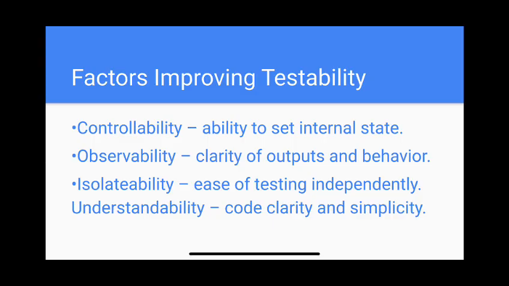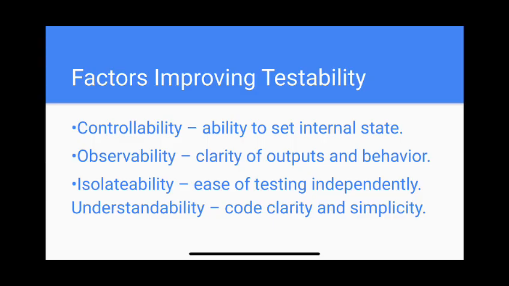Controllability means we can fully control the inputs, configurations, states, and dependencies of the system under test, allowing us to create a deterministic test environment and force edge cases. Observability means we can easily see the system's outputs, internal state transitions, error messages, logs, and side effects. This makes failures diagnosable and debugging far easier and more efficient.